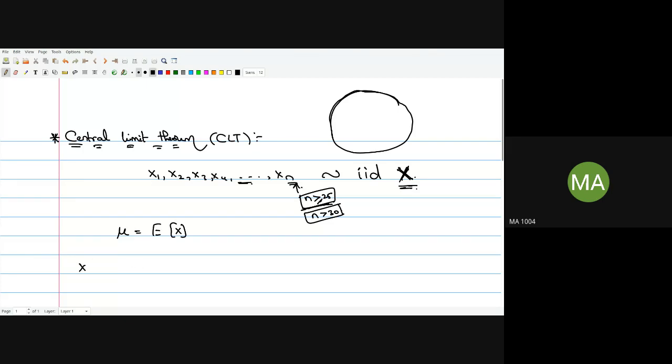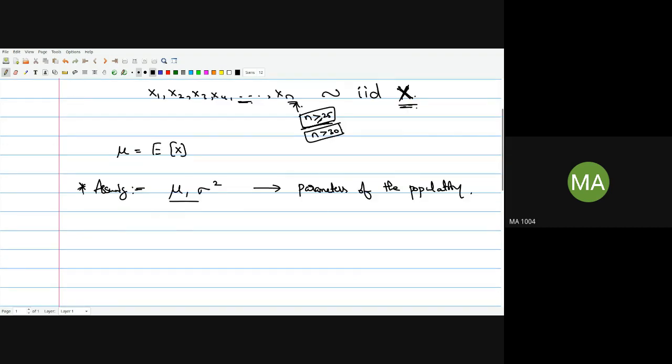These are our assumptions, that we know mu and sigma square, which are parameters of the population. So these things are known.